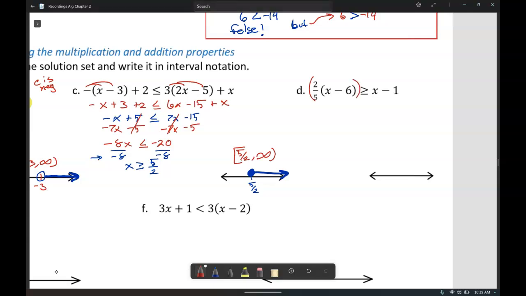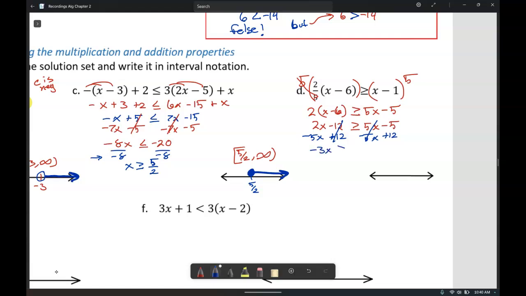Let's go ahead and get rid of our fractions by multiplying by our least common denominator. So we're left with 2x minus 6 is greater than 5x minus 5. Distribute again. We will subtract 5x from both sides and add 12 to both sides so that our constants move to the right and our variables move to the left.